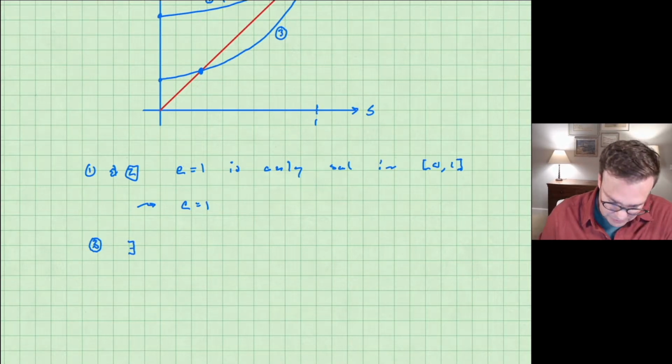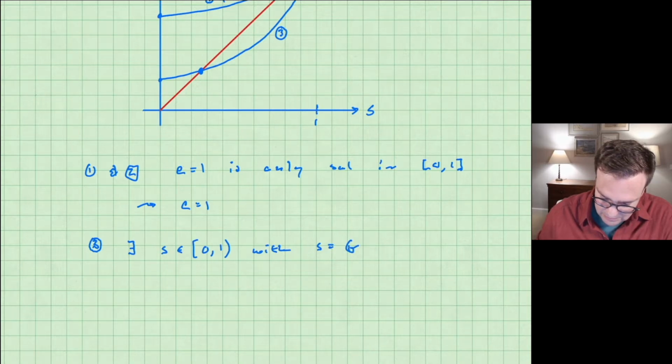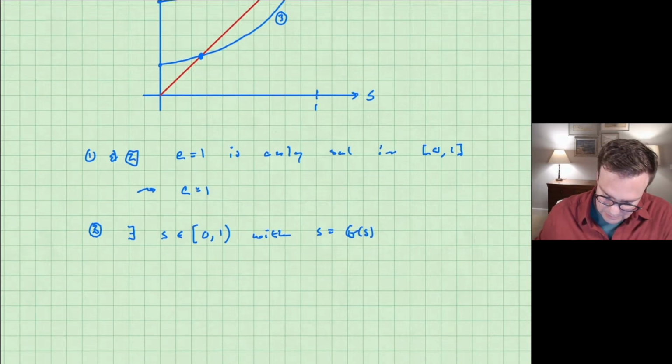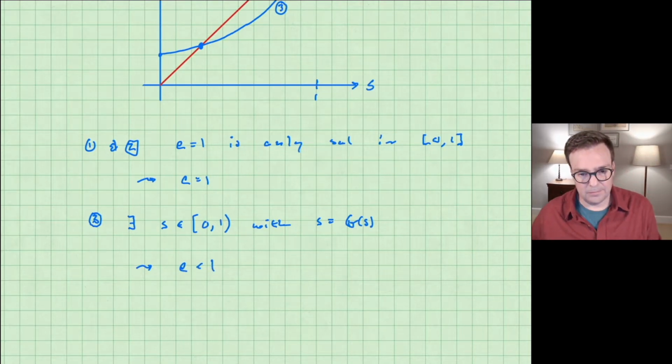There exists a solution S in this interval, 0 up to and not including 1, with S equals G of S, and therefore E is less than 1. All right, that's our proof.